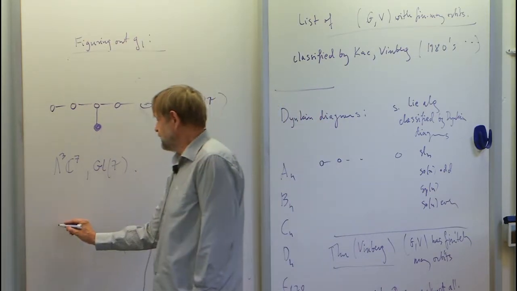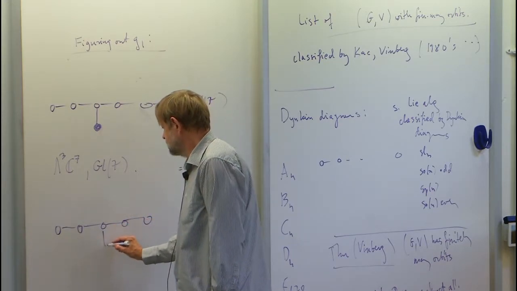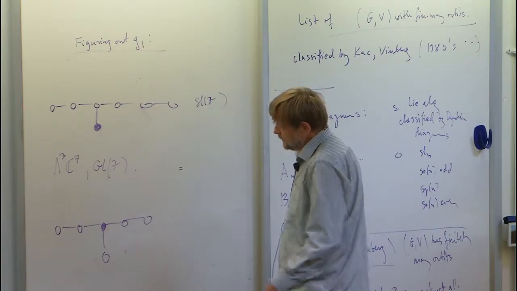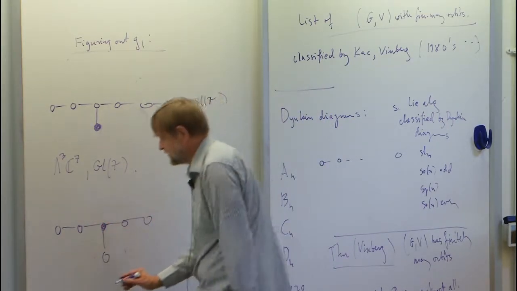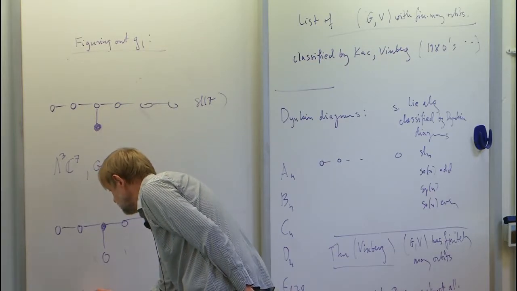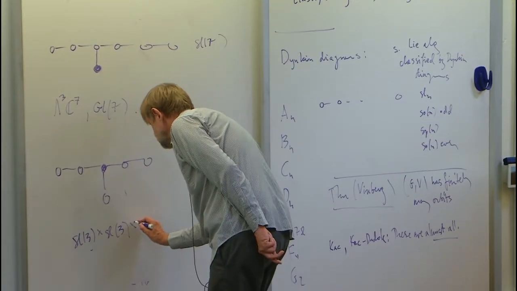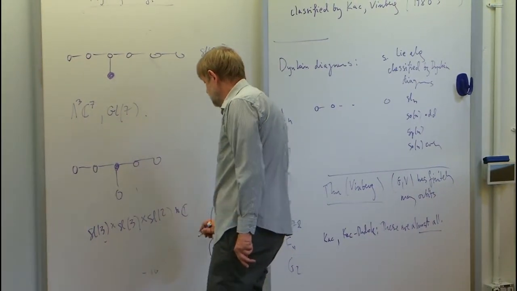Now, if you have a situation like this, let's take the middle dot, the black dot, for example. Then it touches three things. The smaller root system is SL3 cross SL3 cross SL2, right? Well, cross C if you take the Lie algebra.